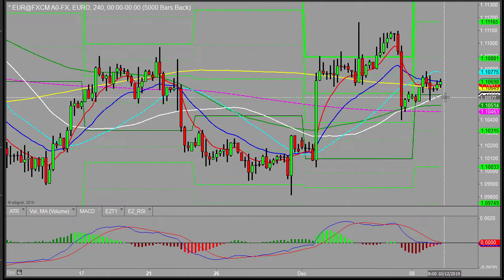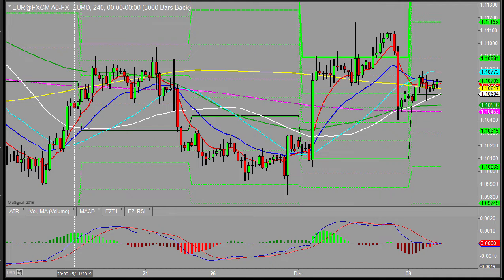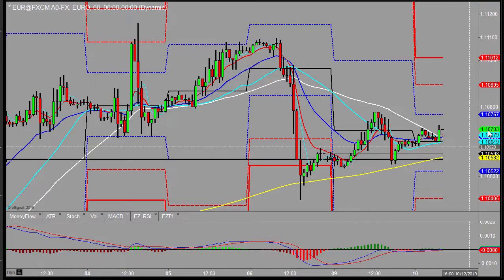Looking at it now, ignoring the smaller picture and looking at it from the 4-hourly and above, a break of that 4-hourly 50 would suggest further downside. It's held on here quite well, which may suggest there's further upside to happen.